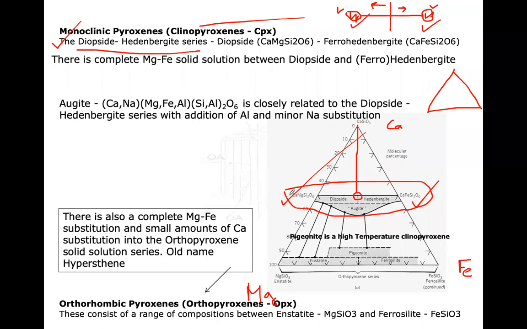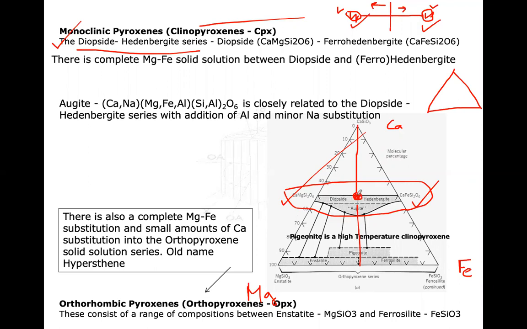That means the calcium amount in this particular composition which falls in this range is equal, right? Iron and magnesium are 50-50. Also calcium is close to 50 because it's in the central part, right? If you divide this calcium line, you can divide it into 50-50.